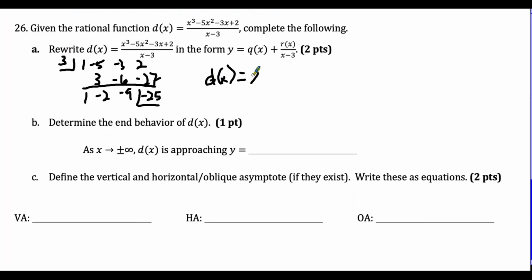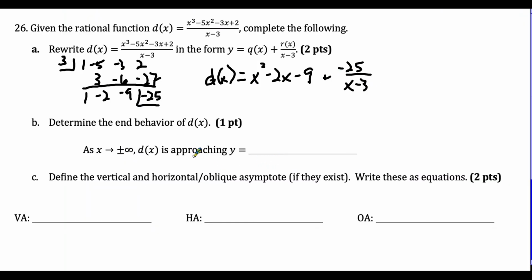So this would be 1x squared minus 2x minus 9. And then the way that I'm going to write the remainder, we can write it as plus negative 25 over what I divided by, x minus 3. Or since this is negative, I could just write this as minus 25 over x minus 3.